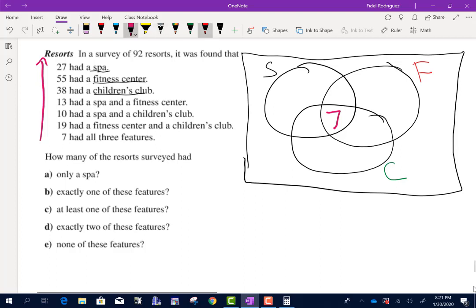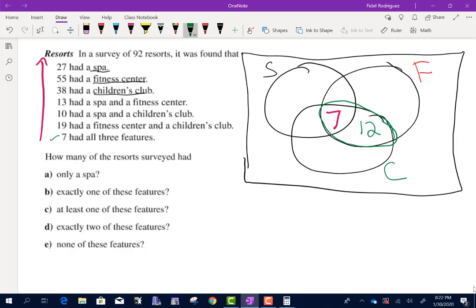So I want you to notice that here's fitness center, here's children's club. So it's telling me that this overlap right here has to add up to the number 19, okay? Well, if that's going to add up to 19, and this is already 7, this here would have to be 12, because that will give me my 19, okay?